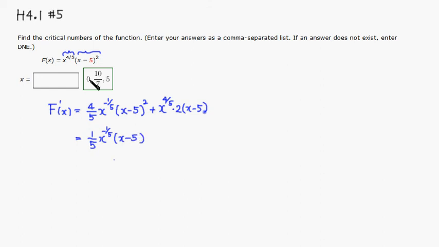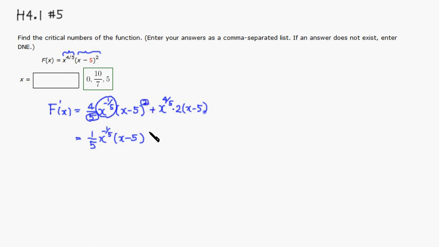So let's pull those out. From the first term, 1/5 is factored out, x to the negative 1/5 is factored out, and one of the quantity x minus 5 is factored out.